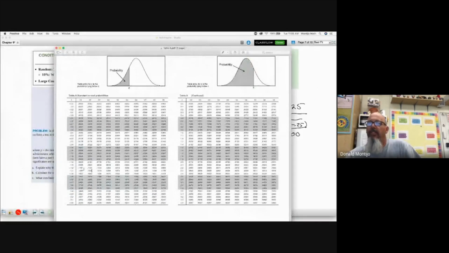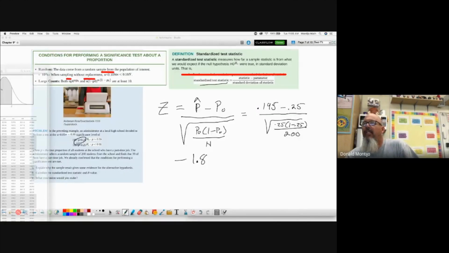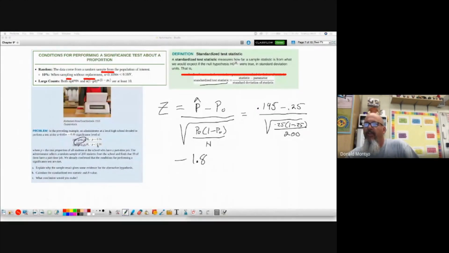So I'm going to come to the table and look up negative 1.8. Oh, 0.0359. That is our p-value. It's the same as calculating the probability below the z-score. Why am I looking at less than? Well, because the alternative was less than. Since the alternative here is less than, then on the table, I'm going to simply use what I find, because remember, the table can only give us less than.